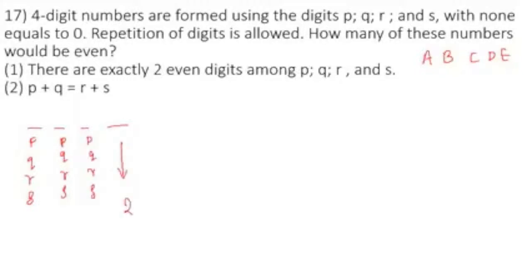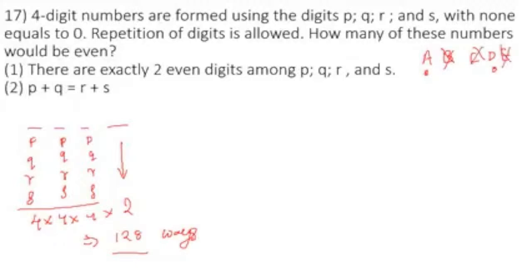So the outcome should be 4 into 4 into 4 into 2, which is nothing but 128 ways. So I am able to get the answer, 128 even numbers, from statement 1, which means the answer should be either A or D. So I can straight away cancel B, C, E.